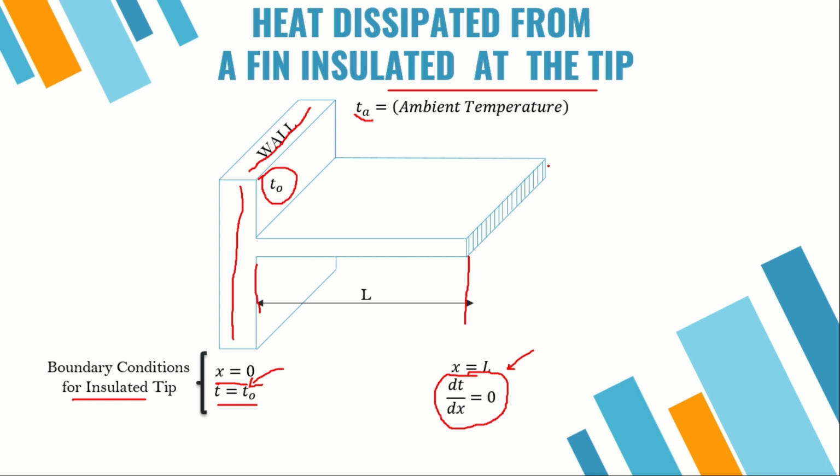Now this shaded area represents the tip of the fin. What we have to find is the heat dissipated from the fin when the tip is insulated. As we know, the tip is insulated, so the heat dissipated would be equal to 0, that is Q is equal to 0.